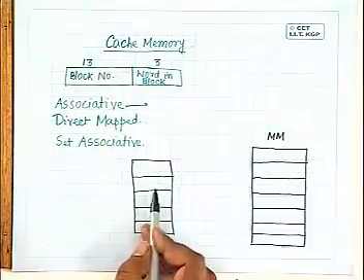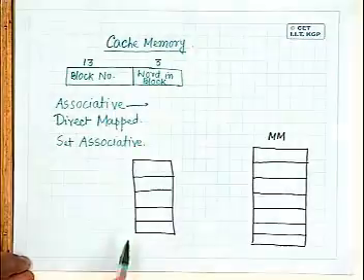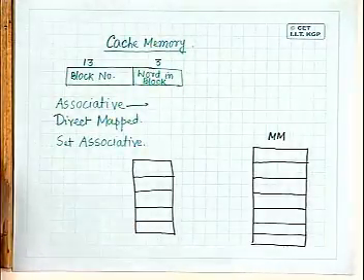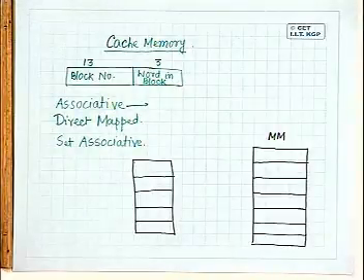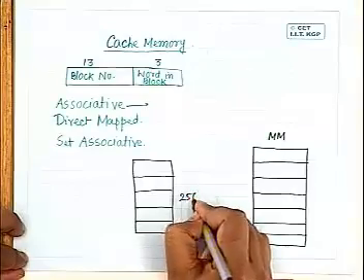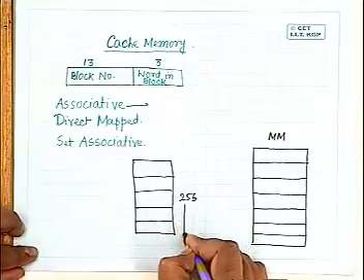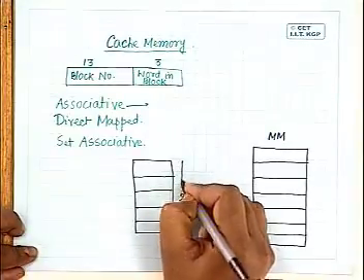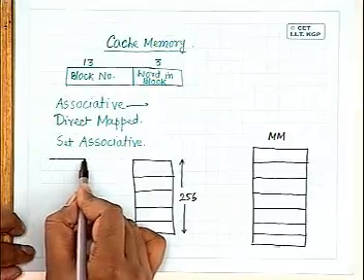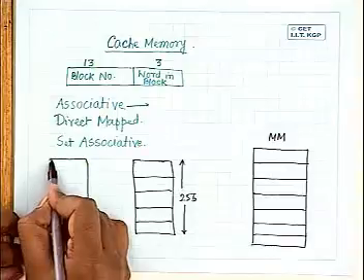Then, along with this cache memory, there is another kind of memory which is called cache tag memory. That means for every block I have to have a tag memory. So if there are, say, 256 such blocks in the cache memory, I have to have 256 tags in the tag memory.